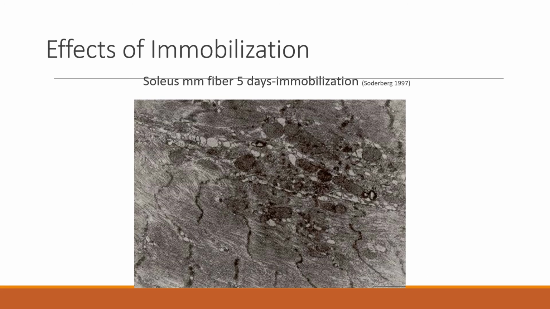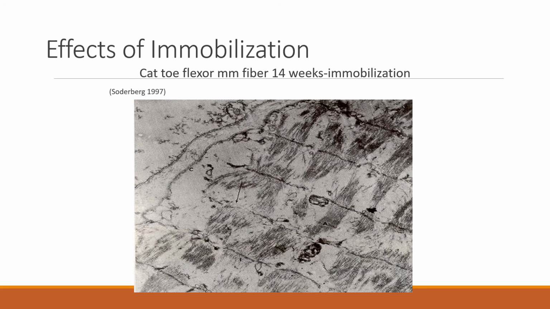But after just 5 days of immobilization, what you can see is that the sarcomeres from the Z discs are becoming way less organized, and you begin to see what is fatty infiltration. And then after 14 weeks of immobilization, we see almost completely fat with very little evidence of contractile proteins. We still see the Z disc, but we see mostly fatty infiltration.